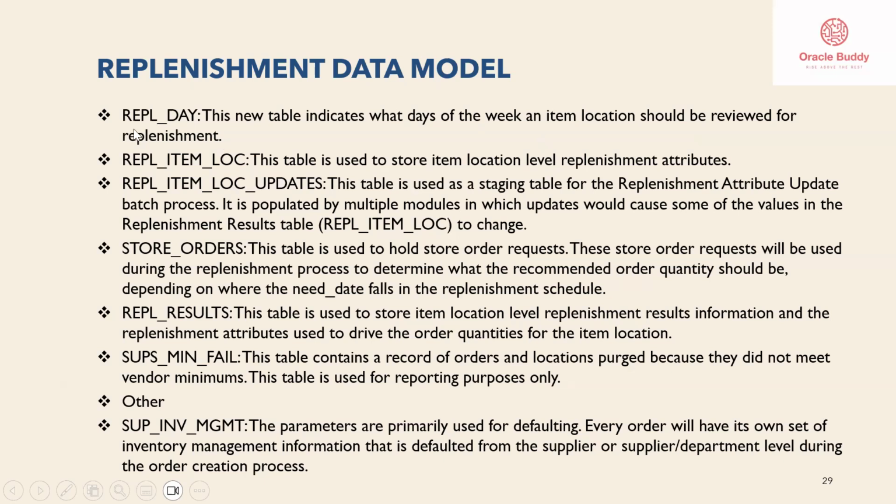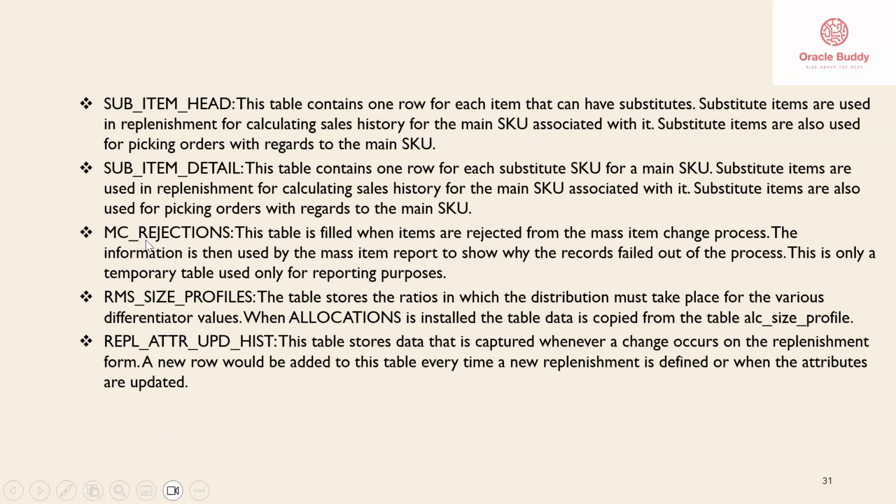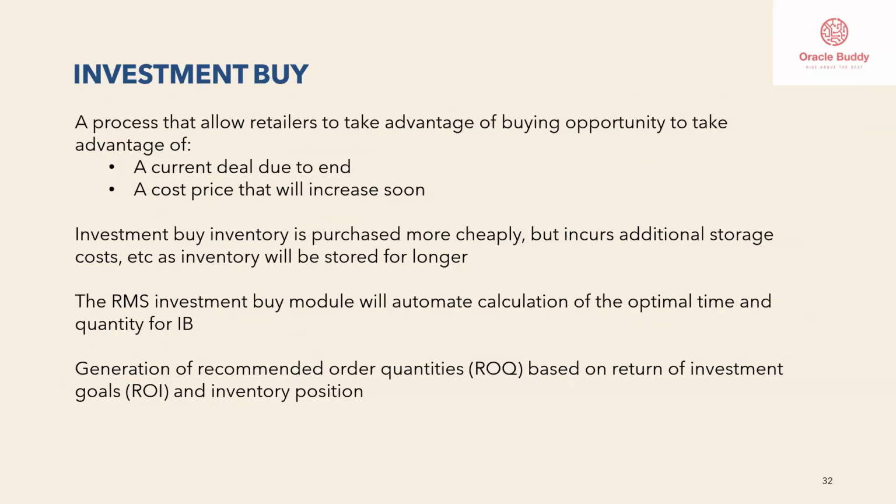These are the important tables like Ripple day, Ripple item log, Ripple item log updates, store order, Ripple results, replenishment attribute update item, replenishment attribute update log, order time, system option, ORD, inventory management, then MC rejection table, RMS size profile, Ripple attribute update case table. So these are all the main tables related to replenishment. You can go through this and check in the data model to get more information.